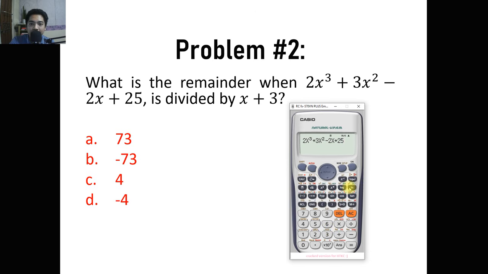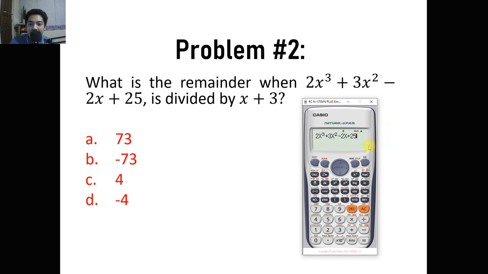So again, we will be solving this function. Click solve, by the value of x, and that is negative 3. Because again, we equate this to 0 and isolate x, so that x now becomes negative 3, and f of negative 3 of this function will be the remainder when it is divided by x plus 3.